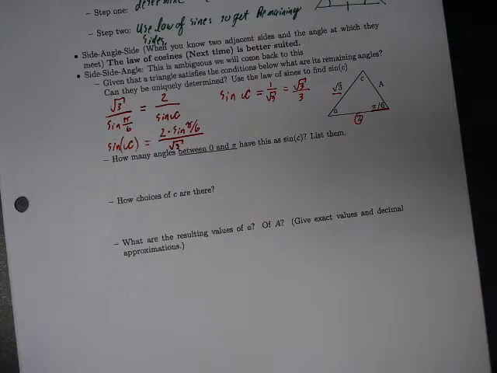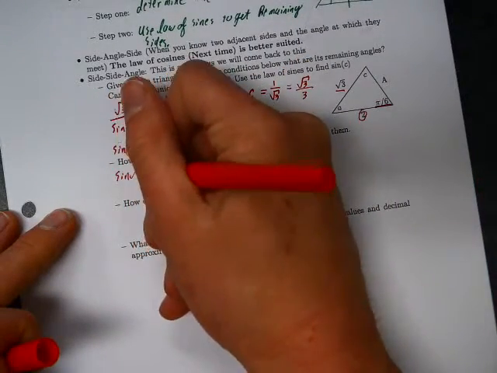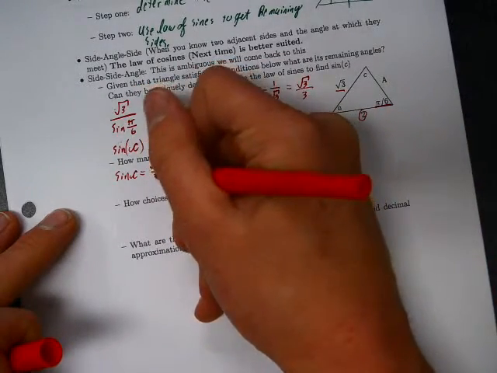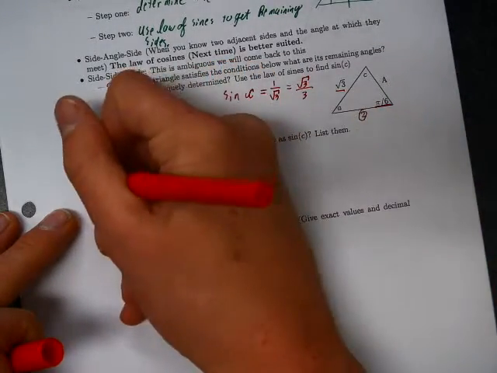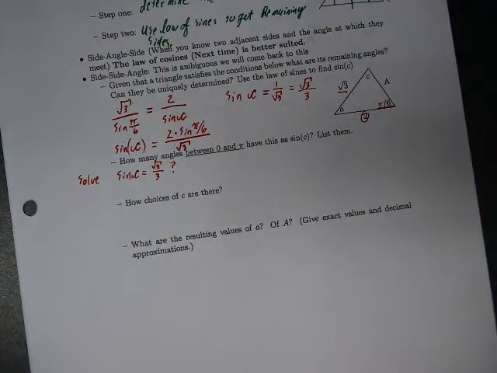have that as the sine of C? That is, what are the solutions to the sine of C equal to root 3 over 3? That's a simple trig equation, one we have the solutions to by using that flowchart.